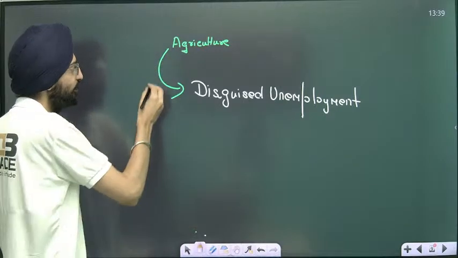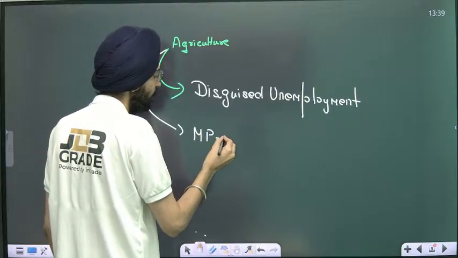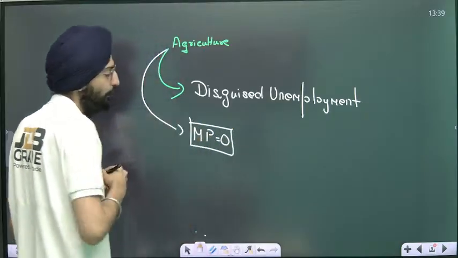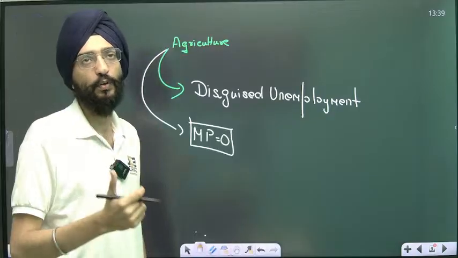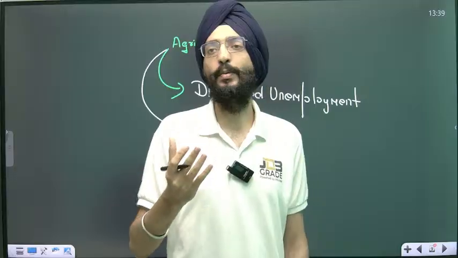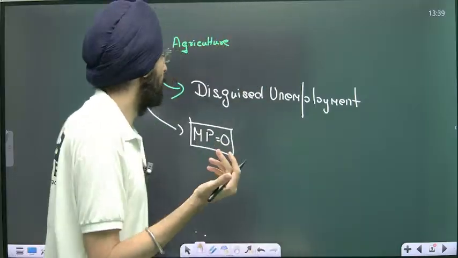An unemployment that's been marked by marginal productivity zero. Marginal productivity zero means that by employing an additional member out there, you're not increasing any sort of output. That's called marginal productivity zero.